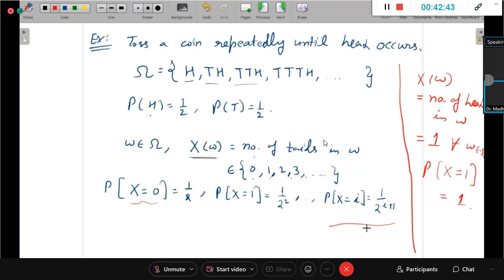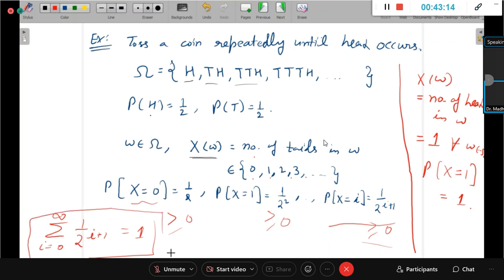You can verify that the probability of x equals i is 1 by 2 to the power i plus 1. You can establish that all of these are greater than or equal to 0. You can also establish that the summation from i equals 0 to infinity of 1 by 2 to the power i plus 1 is going to be 1.